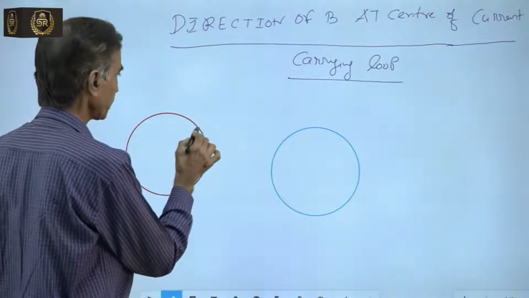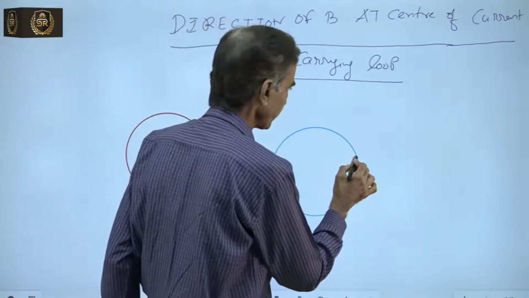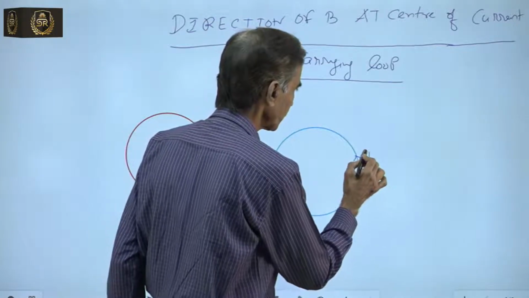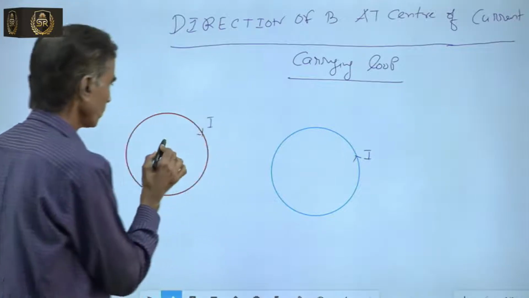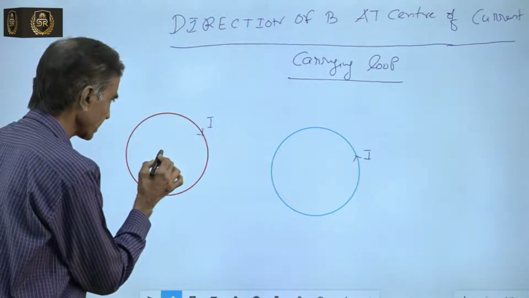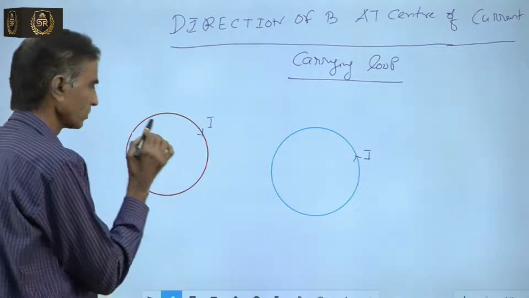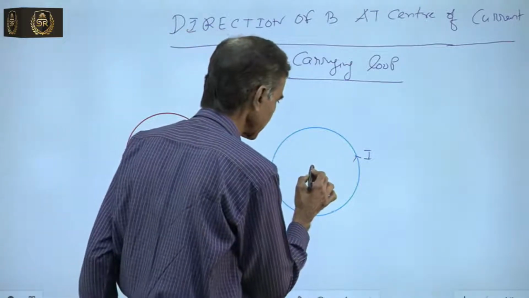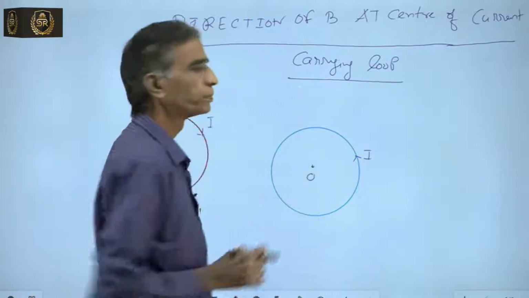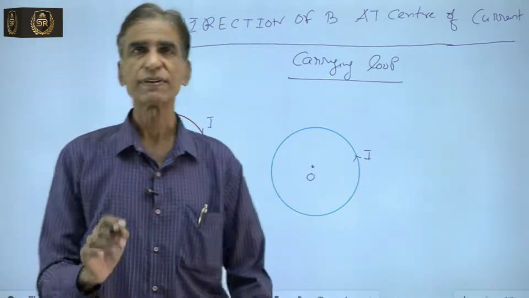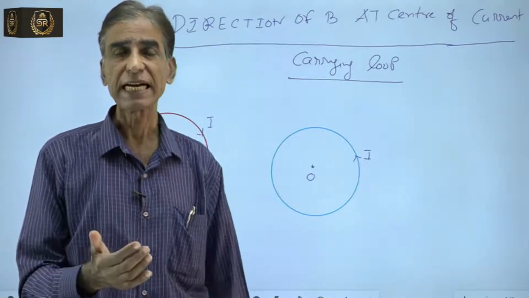Here this is clockwise and this is anti-clockwise, I. Now, what is the field at the center of the circular loop? Again, for this also, we are going to use our right hand palm rule.